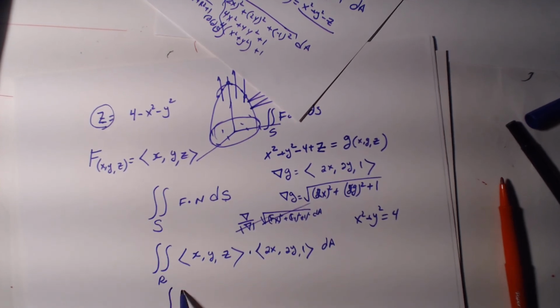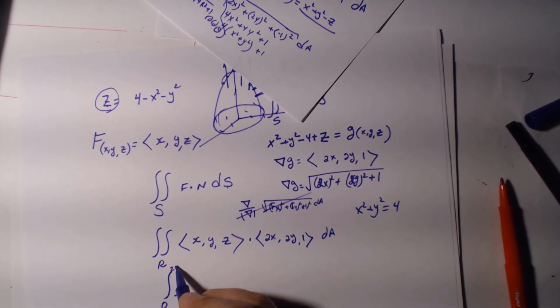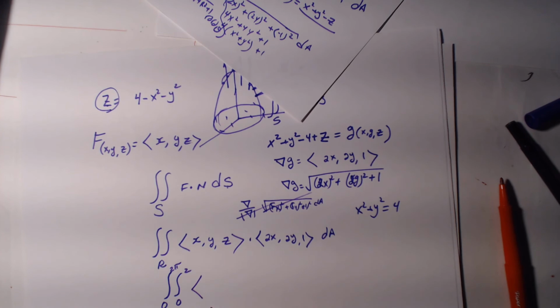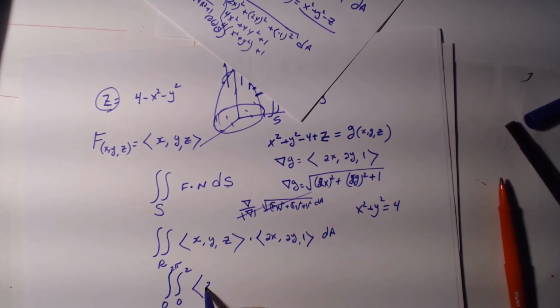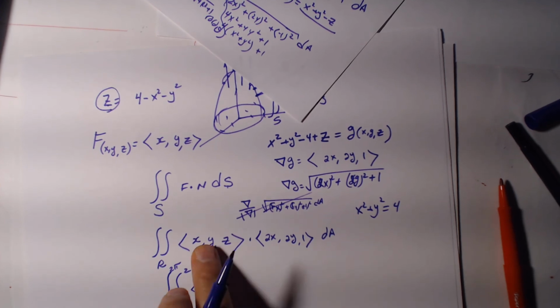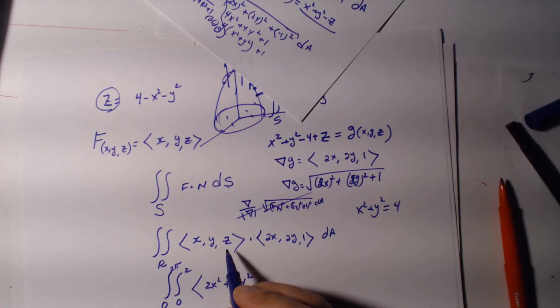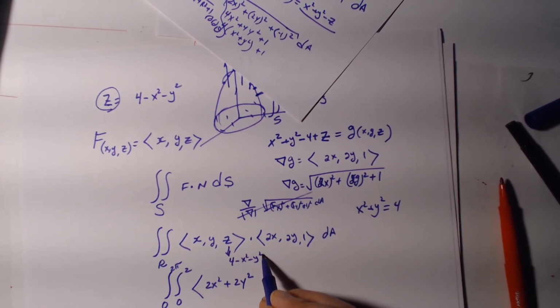Therefore, I go right here and say this is polar coordinates, theta from 0 to 2 pi and r from 0 to 2, and I'm going to dot it. x times 2x is 2x squared, y times 2y is 2y squared. But instead of z, you have to put 4 minus x squared minus y squared.